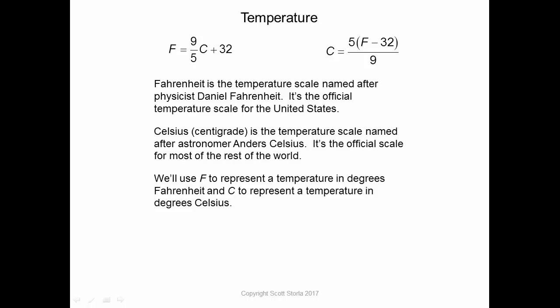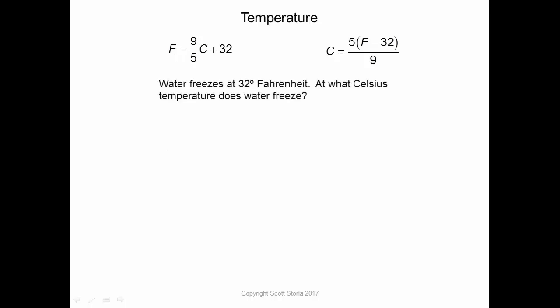We'll begin with temperature, and again, C stands for the Celsius temperature, and F for the Fahrenheit temperature. Here's the first one. Since I'm given Fahrenheit and I'm looking for Celsius, this would be the right formula. How about here? Here I'm given Celsius and looking for Fahrenheit, so I would use this formula.